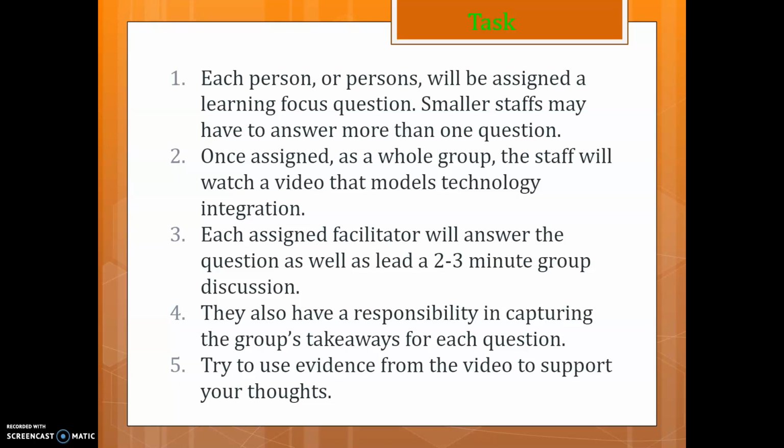Each assigned person will facilitate the answering of that question with the group for 2 to 3 minutes, but you should have already answered the question yourself. Number 4, you have the responsibility of capturing what the group's takeaways were for each of the questions. And then number 5, try to use evidence from the video to support your thoughts or your answers to each of these questions. Okay, take a few seconds, look over the task again.